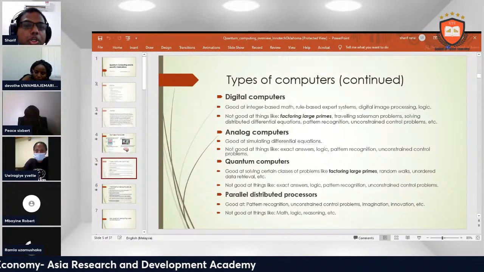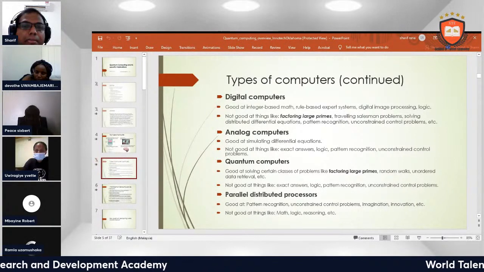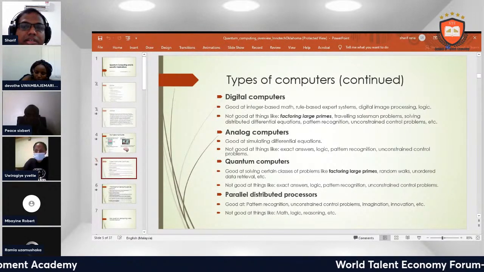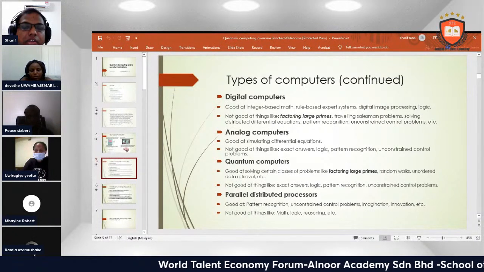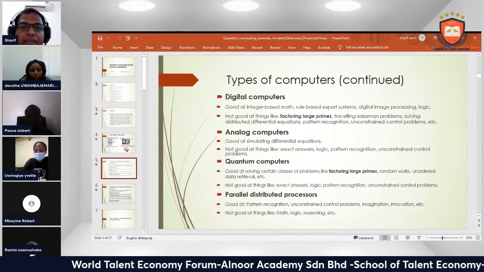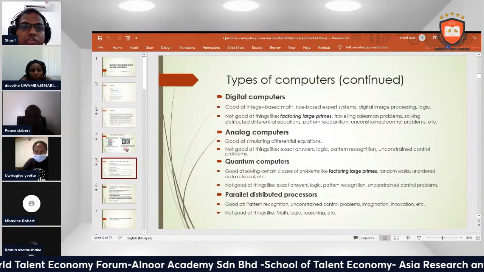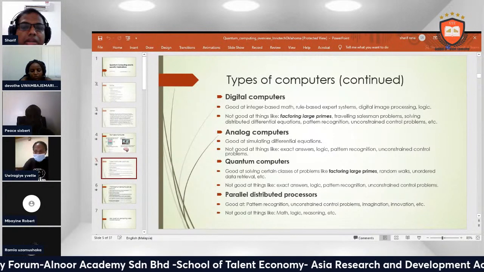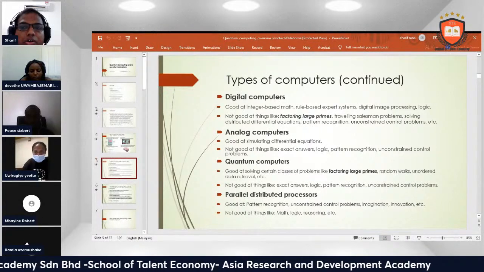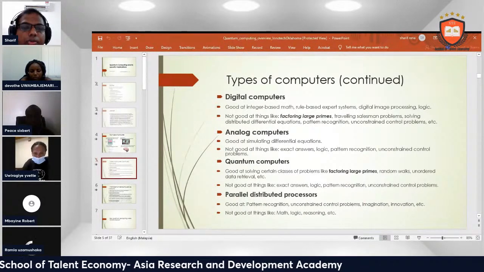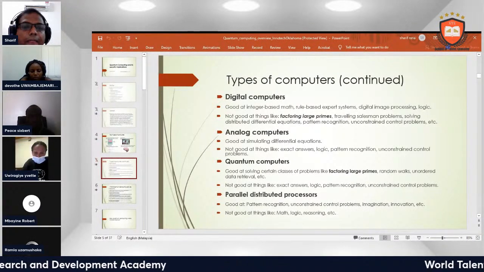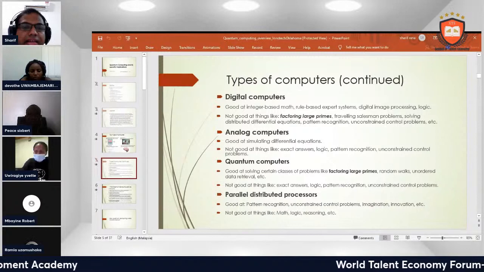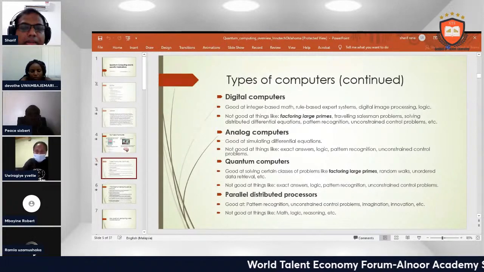Digital computer: good at integer-based math, rule-based expert systems, digital image processing, and logic. Not good at things like factoring large primes, the traveling salesman problem, solving partial differential equations, pattern recognition, and unconstrained control problems, etc. Analog computer: good at simulating differential equations, not good at things like exact answers, logic, pattern recognition, and constraint control problems.